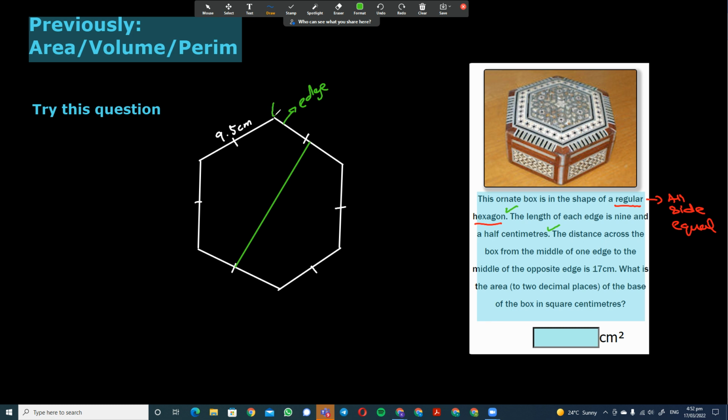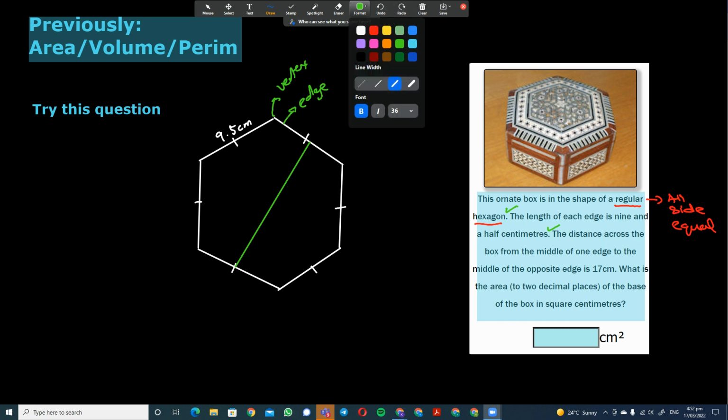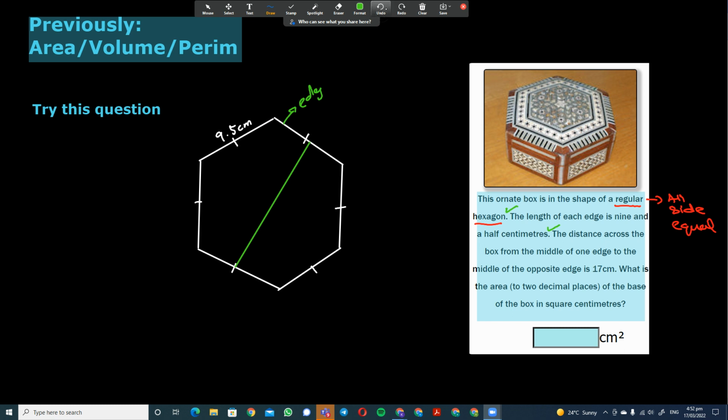And then that corner is a vertex. One vertex, many vertices. There's a vertex, and that's your edge. And we're saying that this length over here is 17 centimeters. What is the area of the base of the box in square centimeters?